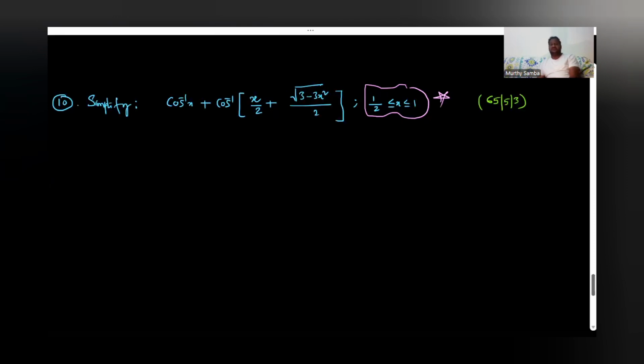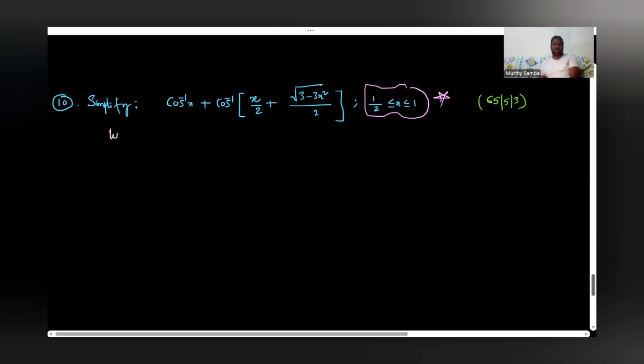But when you substitute x is equal to sine theta, see here, x lies between 1 by 2 and 1. But when you go to sine, what is the range of that sine? Minus 1 to plus 1, right? We are not taking minus values here. We are taking only positive values. So the proper substitution here is let x is equal to cos theta, not sine theta.